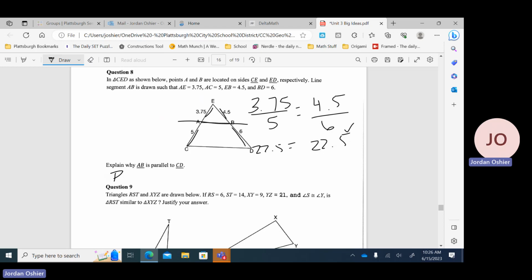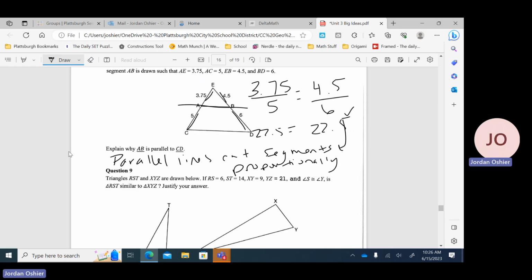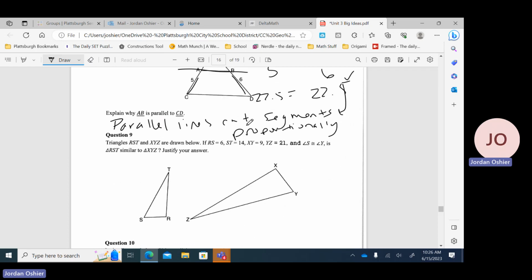Then I would say parallel lines cut segments proportionally. My work supports this statement, so that's part of my explanation. Parallel lines cut segments proportionally. That's why they're parallel. It made a proportion.